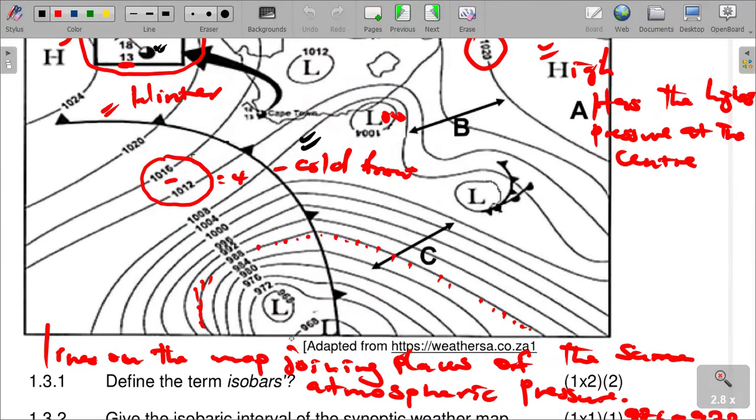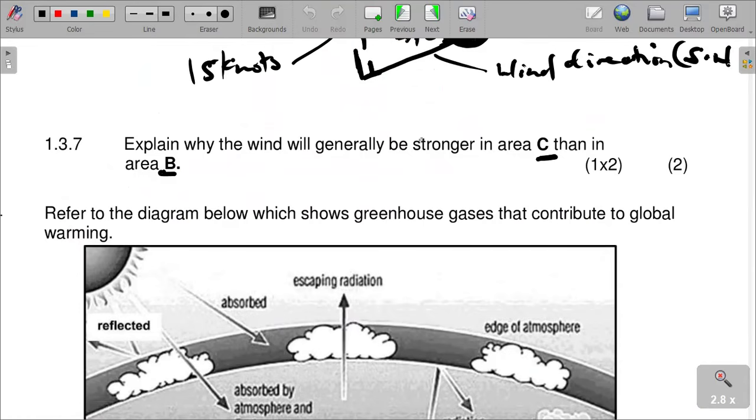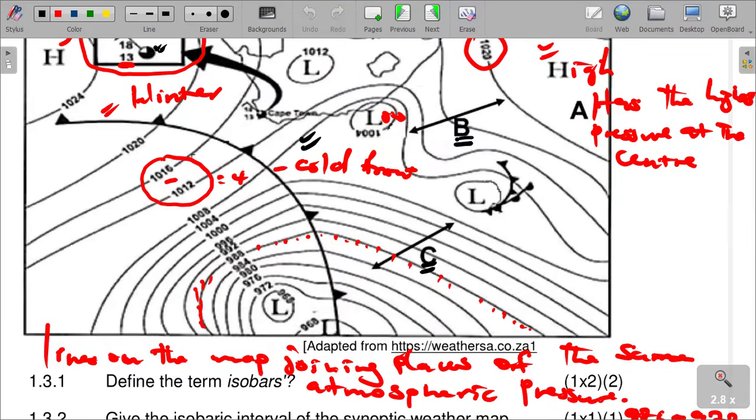So we are given B, we are given C. The question is saying, explain why the wind will be stronger in area C than in B. Why do we have wind being stronger in area C than in B? You should be understanding this in relation to the issue of isobars.